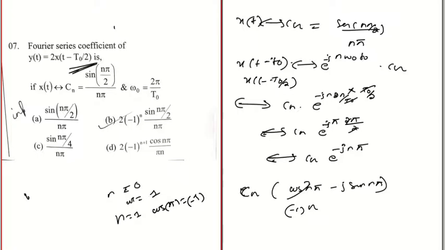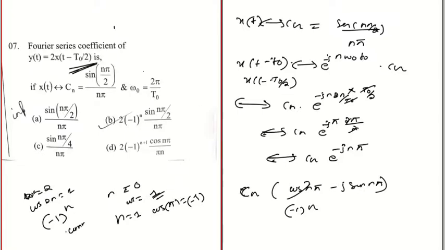And when n is equal to 2, cos 2 pi is equal to again 1. So I can write cos n pi equal to minus 1 the whole raised to n. When n is equal to 0, it will be 1; n is equal to 1, it will be minus 1; n is equal to 2, it will be again 1; n is equal to 3, it will be minus 1, and so on. So I can generally write cos n pi as minus 1 the whole raised to n.